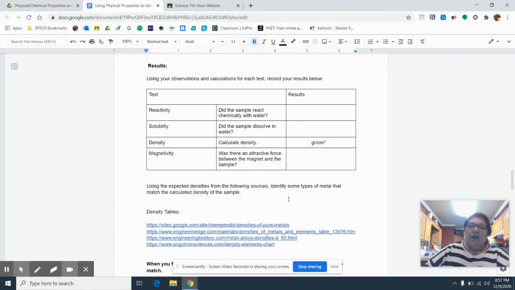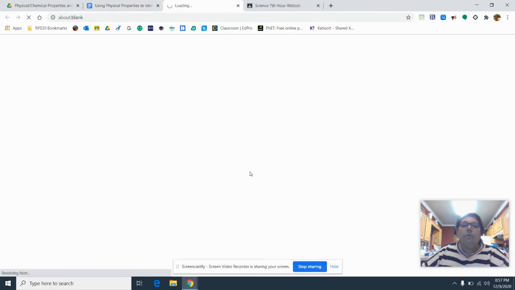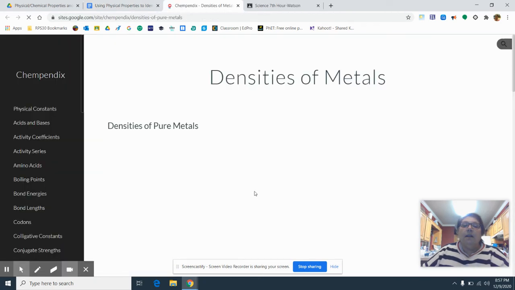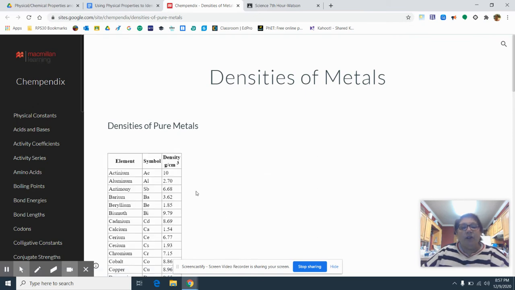Now, the next thing that you guys are going to have to do, you're going to have to take what you learned from these 4 tests, and you're going to have to pull up some additional information. One of them is the density table. This pulls up what the densities of pure metals are.